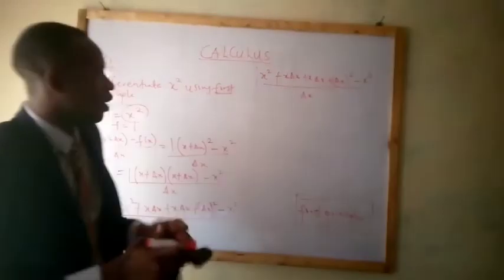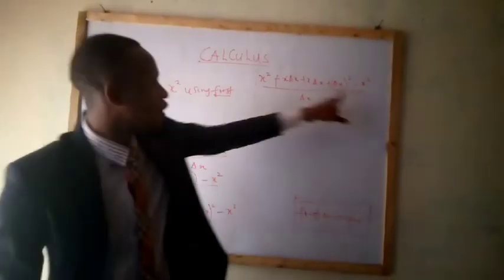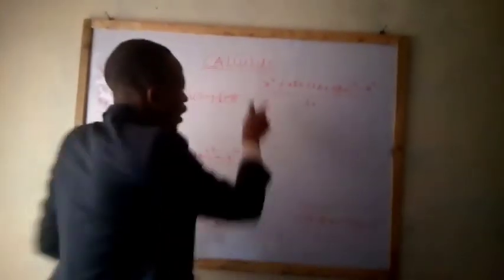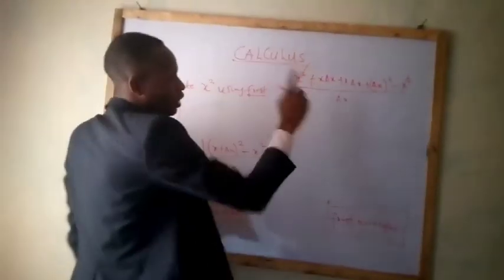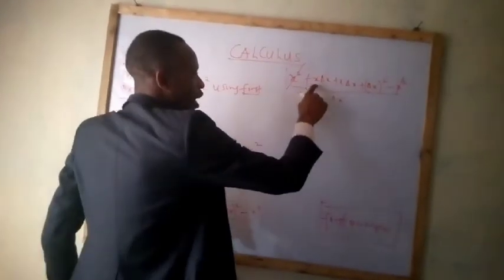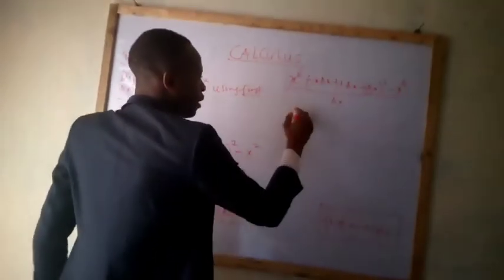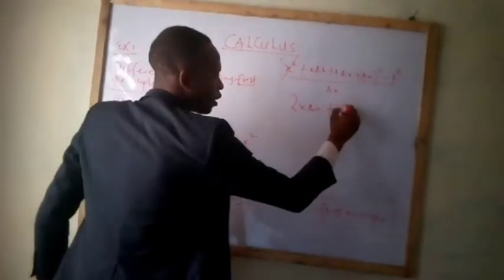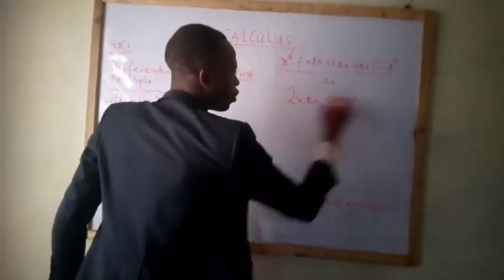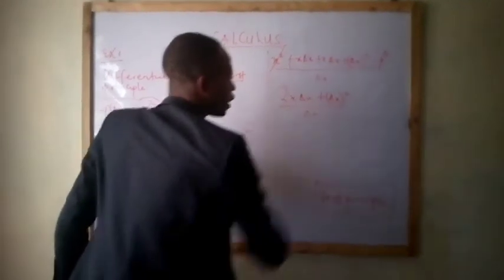We have like terms here. This and this, they are like terms. When you bring them together, it's x squared minus x squared, and that simply gives you 0. That is out. We have another pair of like terms, this and this. So x delta x plus x delta x simply gives you 2x delta x. Then plus delta x all raised to power 2 all over delta x.